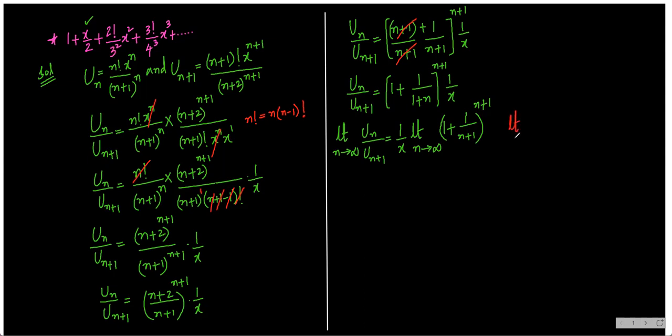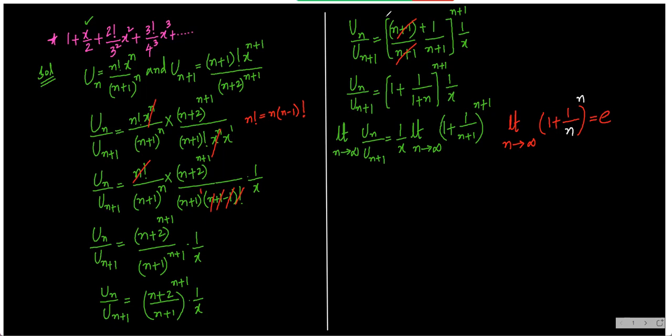Limit n tends to infinity 1 plus 1 by n, let me use some different color here so you can understand. If this value of n and this whole power are the same value, maybe it may be n plus 1, it may be n plus 2, whatever, if this denominator part and this whole power part are the same, the answer will be e only.